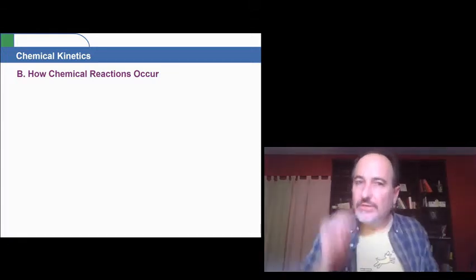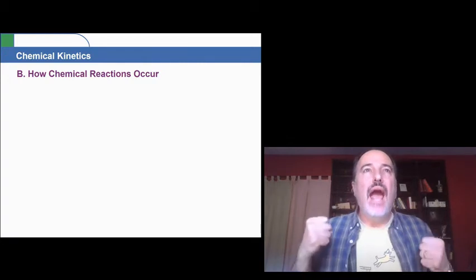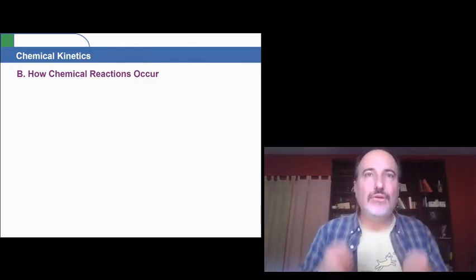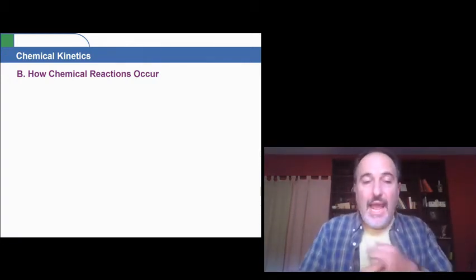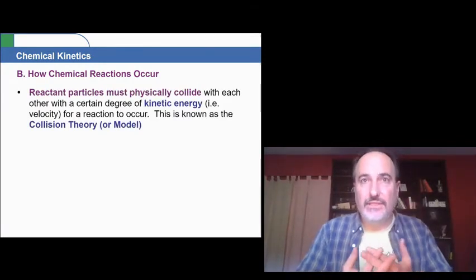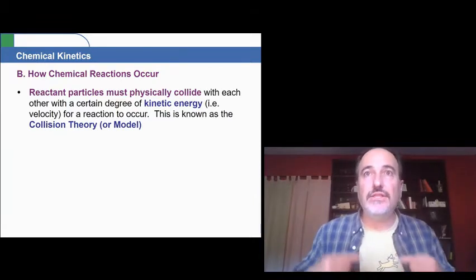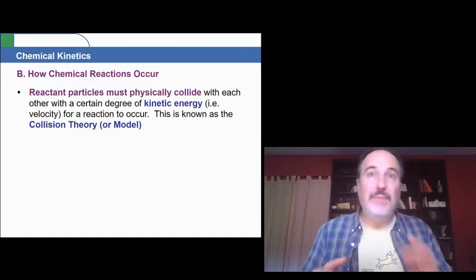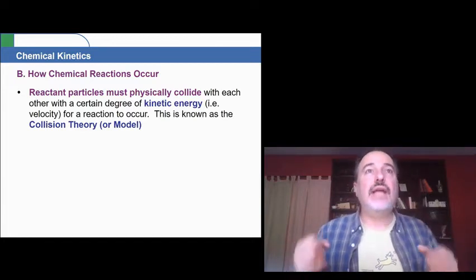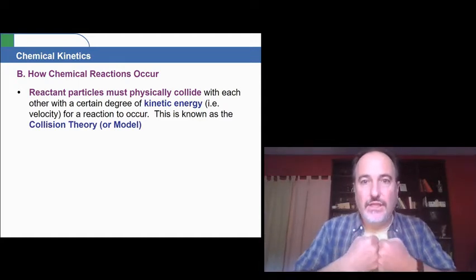okay? Now, to understand all of that, it's very important to understand what actually goes on when a chemical reaction occurs. And there is something that helps explain what's going on, and it is known as the collision theory or the collision model. And it basically says that reactant particles must physically collide with each other.